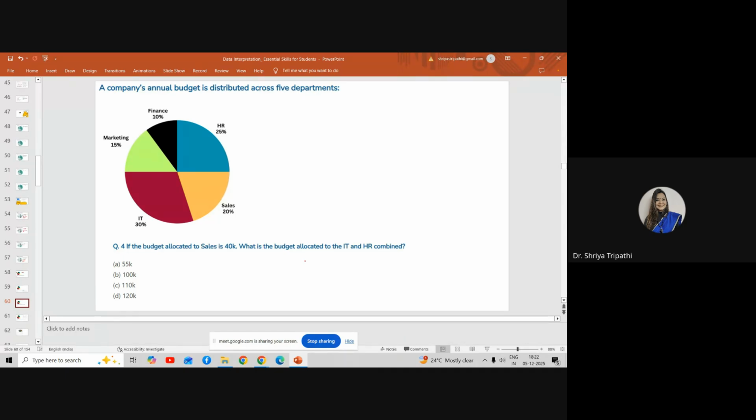If the budget allocated to sales, again the same logic. C. And C. C. Okay. Others, give it a try. Same similar pattern we have just did in previous question.